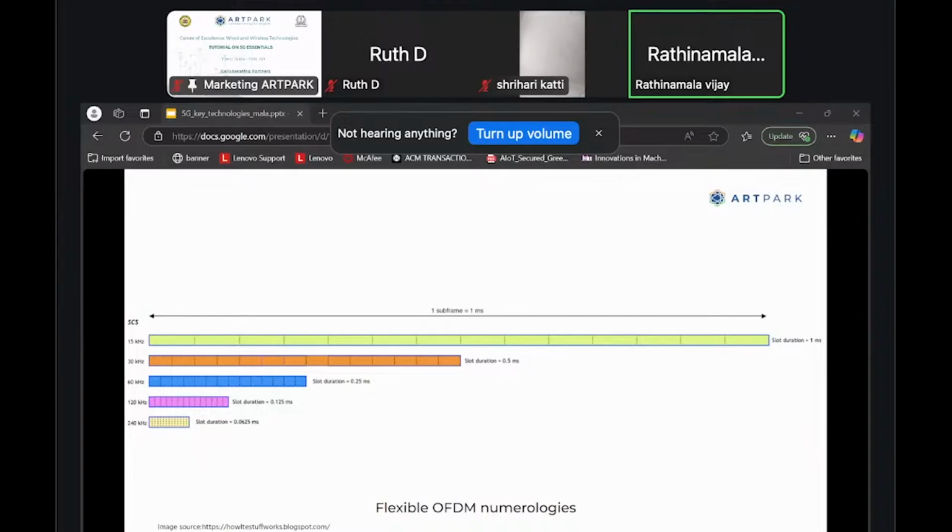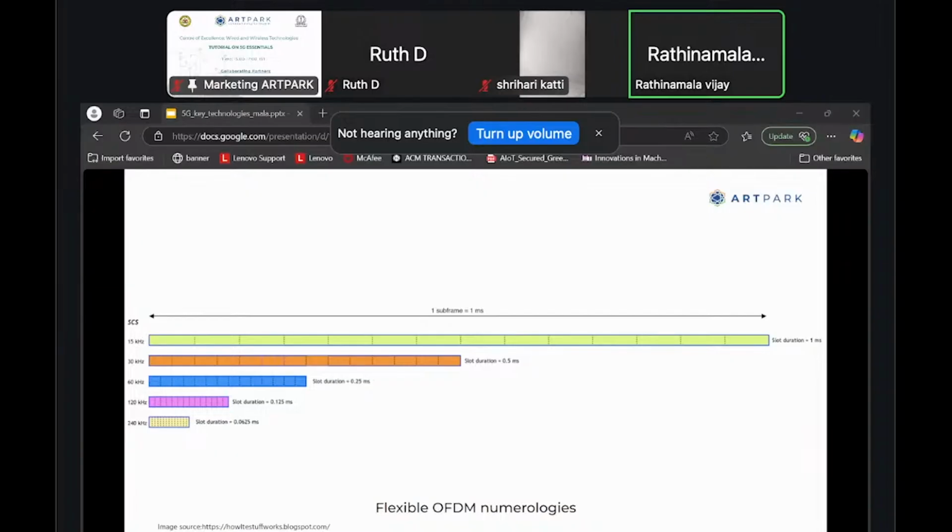to get his turn. But when you use 30 kilohertz subcarrier spacing, in case the first user finishes his session within 0.5 milliseconds, then the second user can be scheduled in half the time compared to using the 15 kilohertz subcarrier spacing.